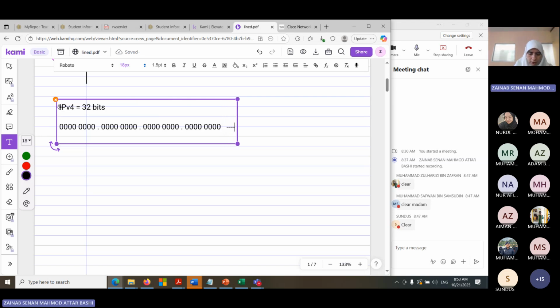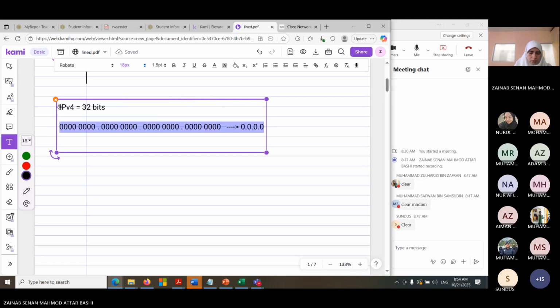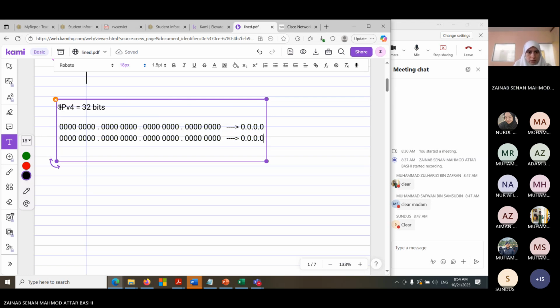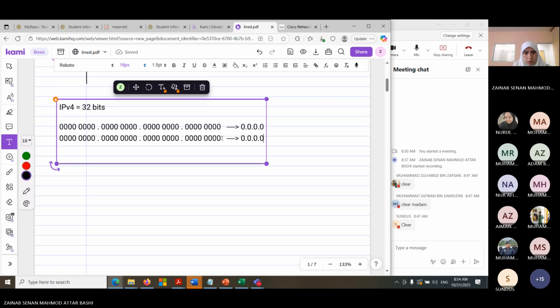Let's see, this is in binary. If I change it to decimal, the first is 0.0.0.0. The second IP address will be all zeros except the last bit changed to 1, so in decimal it becomes 0.0.0.1.